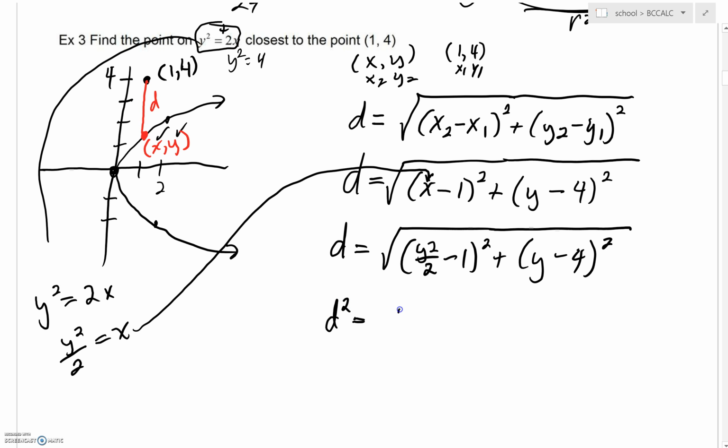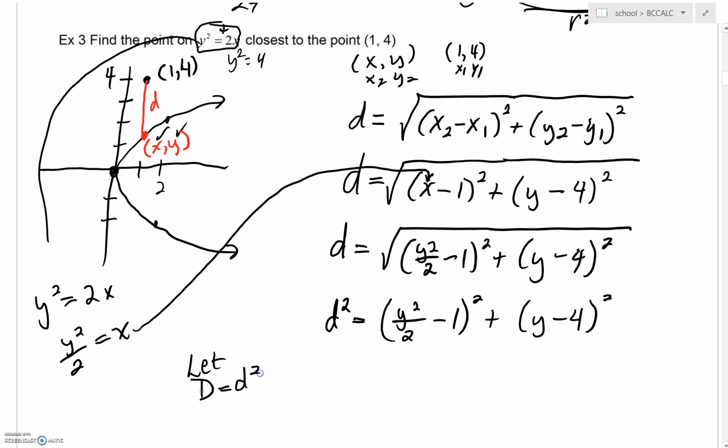If I were to square d right here, I would get such an easier equation to work with. You can see right there. And at this point, I'm going to let capital D equal d squared.